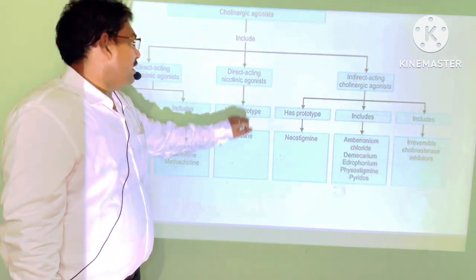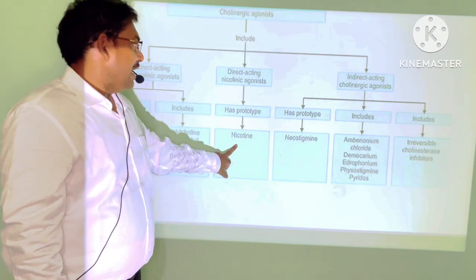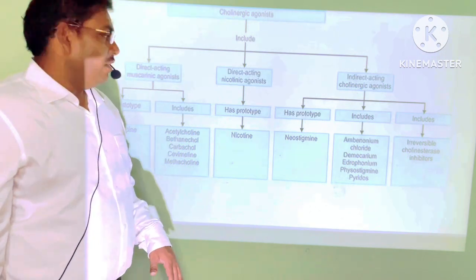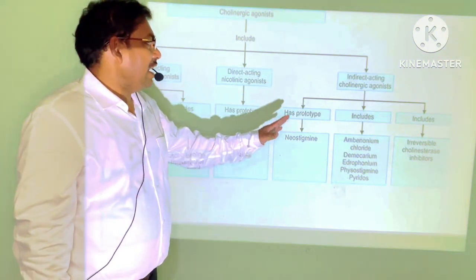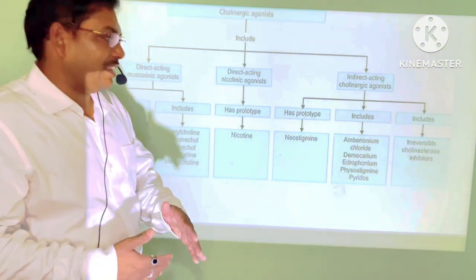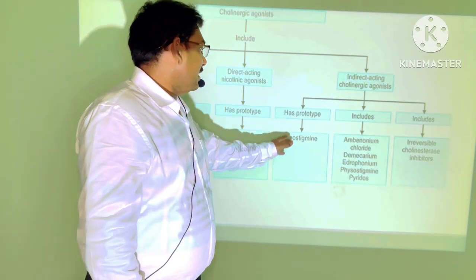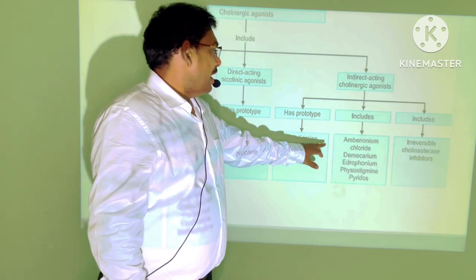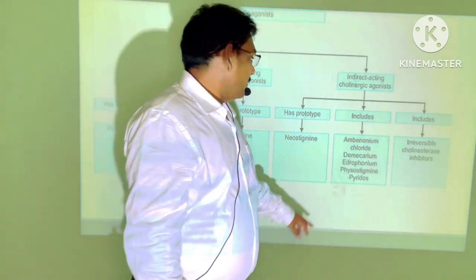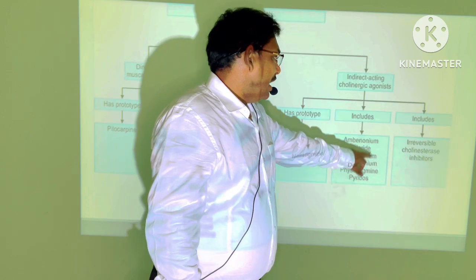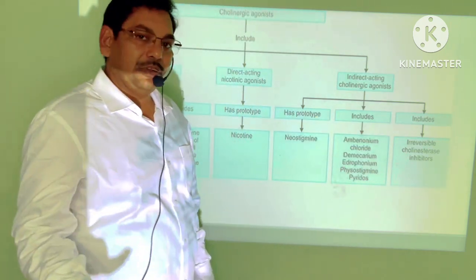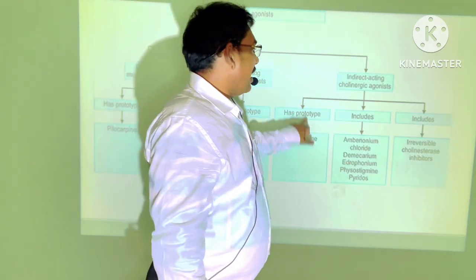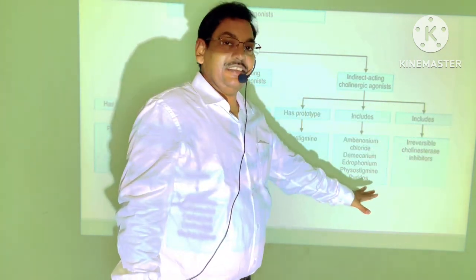Directly acting nicotinic receptor drugs include nicotine. After that, the indirectly acting, discussed in the previous class also, have the prototype neostigmine, and there are different types of drugs, physostigmine, reversible and some irreversible. So these drugs are known as anticholinesterases.